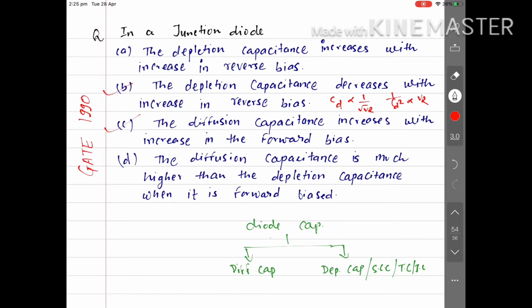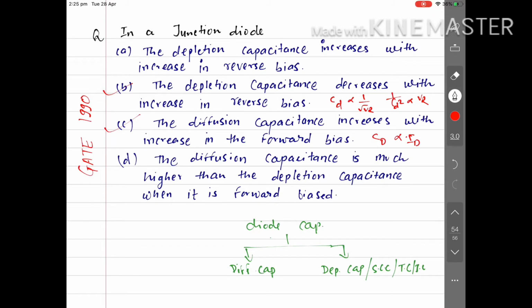The answer would be C as well, because the diffusion capacitance increases with increase in forward bias, because C_D is directly proportional to I_D, and I_D is proportional to V_D. So as we increase the forward bias, the current I_D increases, and the diffusion capacitance also increases.